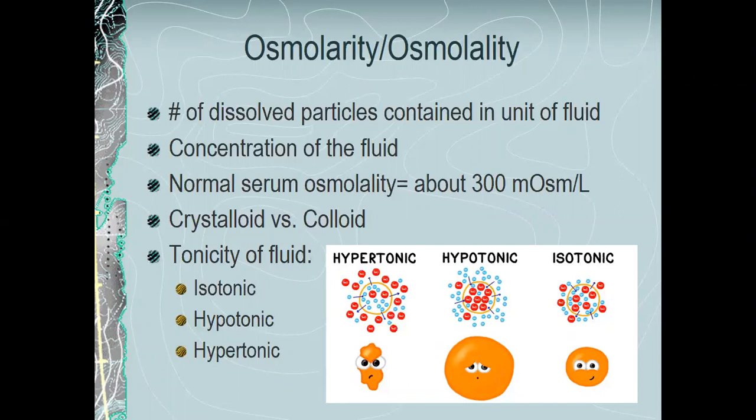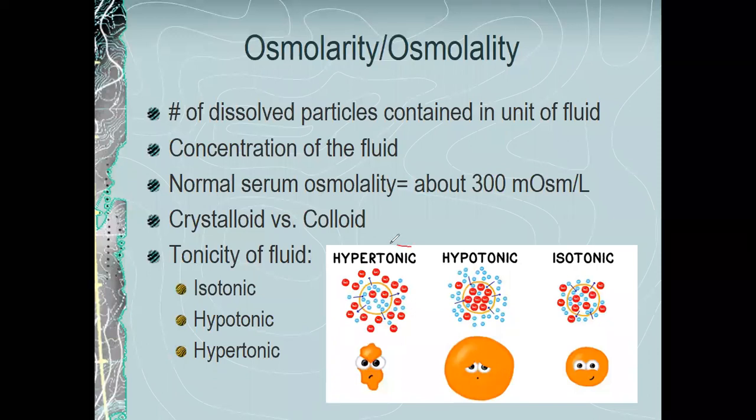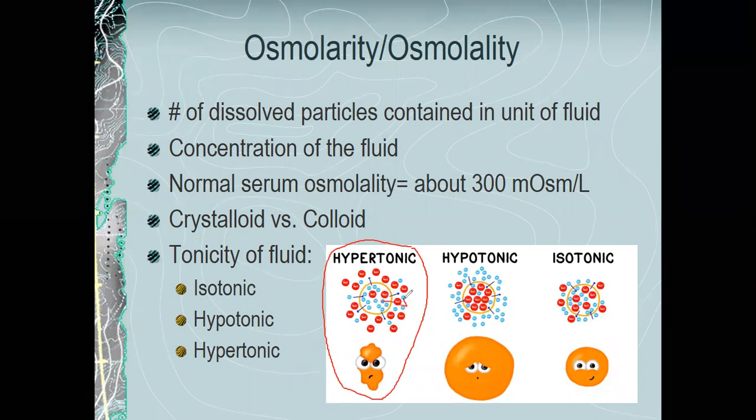So what you will see with hypertonic solutions is that the water inside of the cells will come out. It's going to come out of the cells because there's more salt on the outside than on the inside of the cell. So water is going to leave the cells.